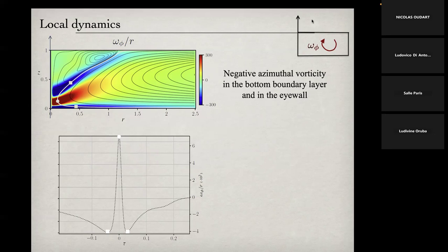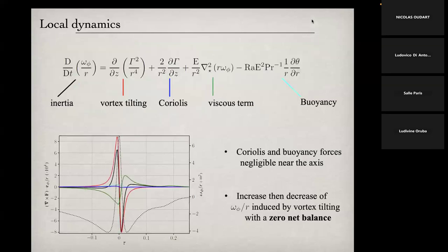the streamline which is in white here, which passes through the eye wall. On this picture, the abscissa, called tau, is just a parametric coordinate in order to know where we are on the streamline. Now let's have a look at the equation which governs the azimuthal vorticity evolution.